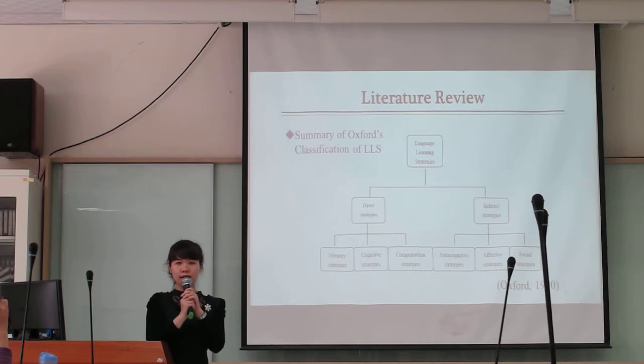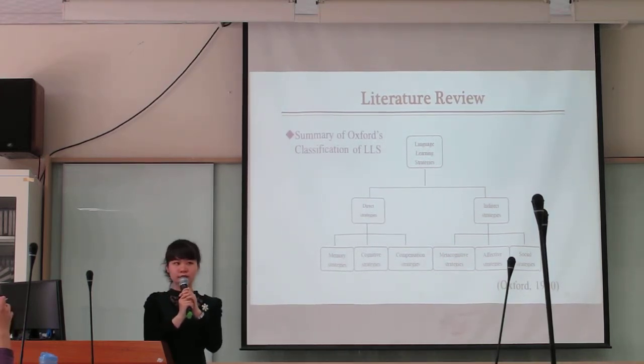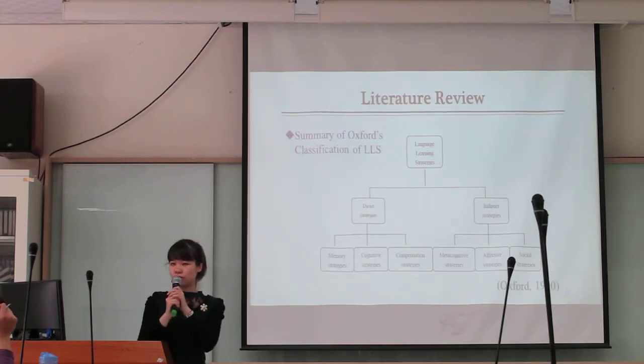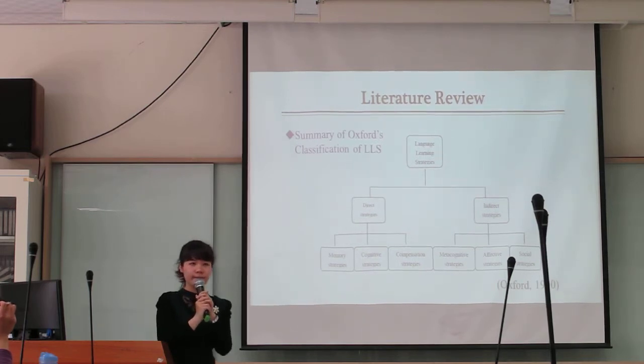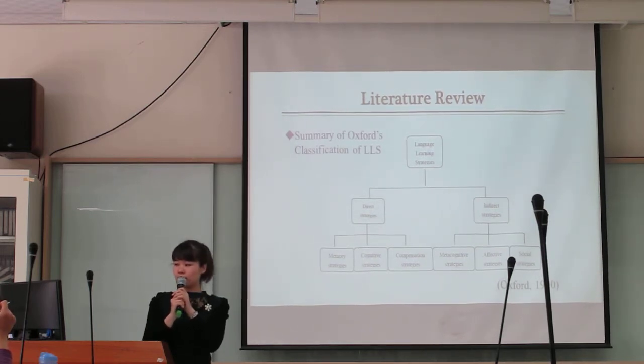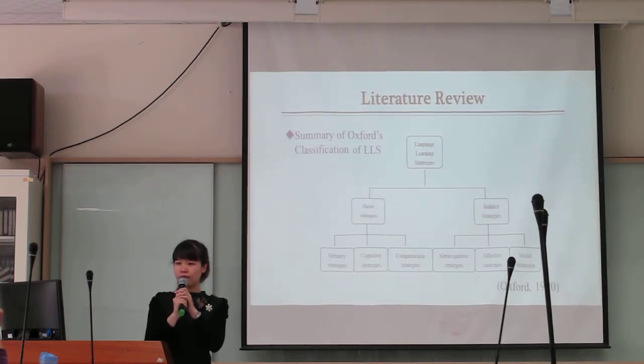Oxford, in 1990, divided language learning strategies into two sections: direct strategies and indirect strategies. Memory, cognitive, and compensation strategies are under the direct strategies, and metacognitive, affective, and social strategies are indirect strategies.